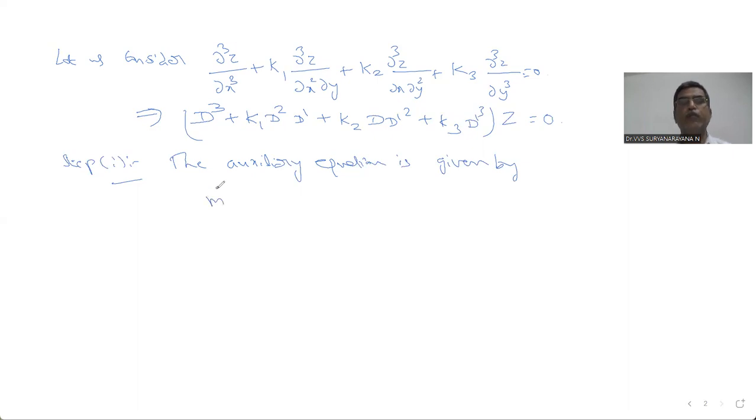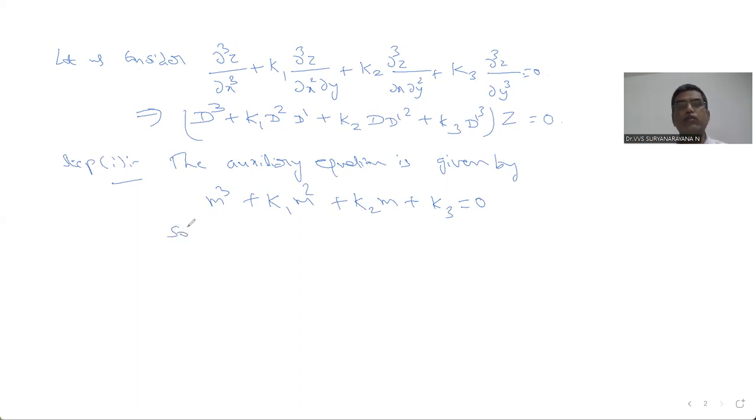So m³ + k1 m² · 1 + k2 m · 1² + k3 · 1³ = 0. So in this operator, simply replace D with m and D' with 1. Then we will get a cubic equation.